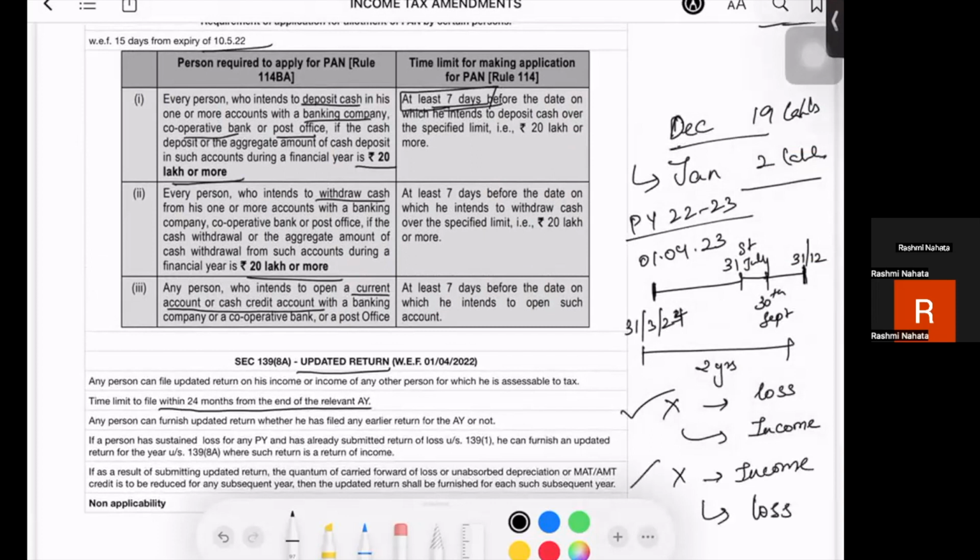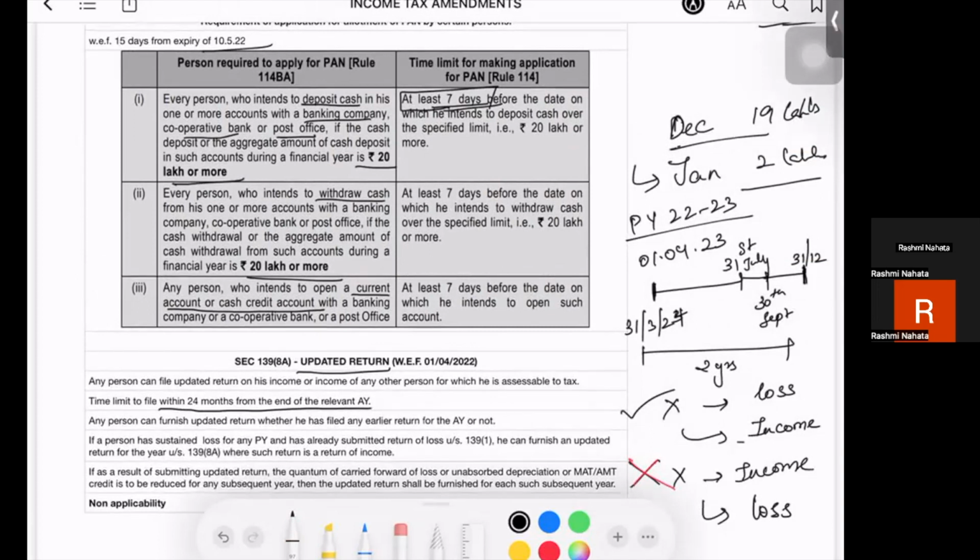Can he do so? No, he will not be allowed to do so. So basically, only if you want to offer more income, additional income, or reduce your refund, or show income instead of loss, you can use it, not otherwise.